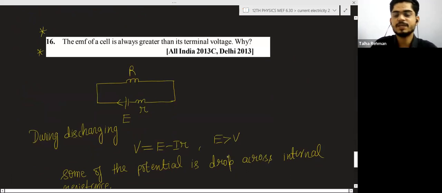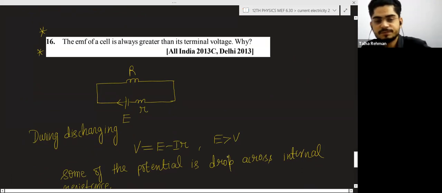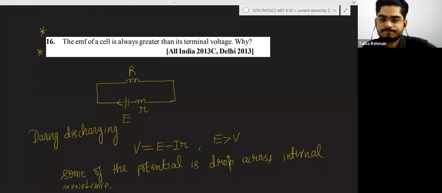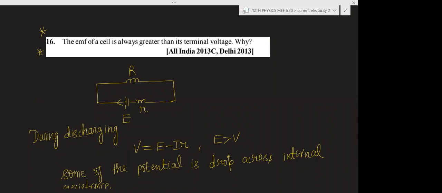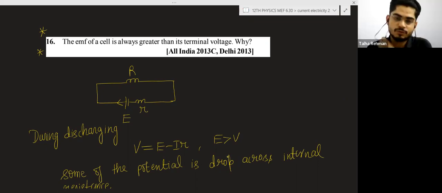But in the examination, if this question comes, then what will you do? Matthew, what will you write? The EMF of a cell is not always greater than the terminal voltage? No, not at all.